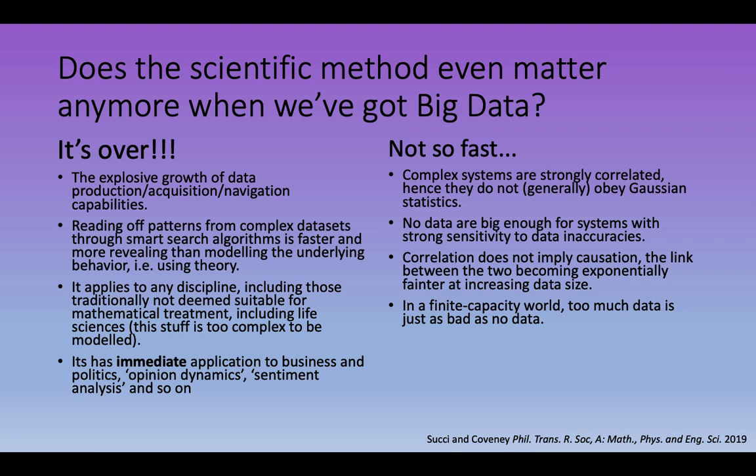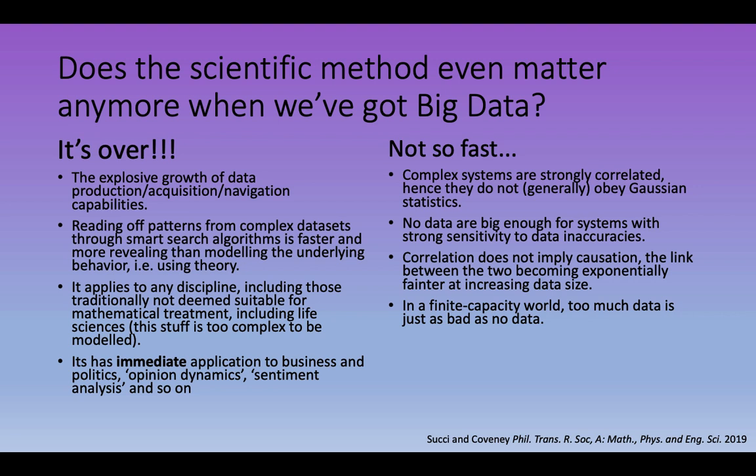there's a fun little article by Succi and Coveney in Philosophical Transactions of the Royal Society on Mathematical, Physical and Engineering Sciences, where they talk about this stuff. It addresses these ideas because there's been some talk about whether big data will be the end of the scientific method.